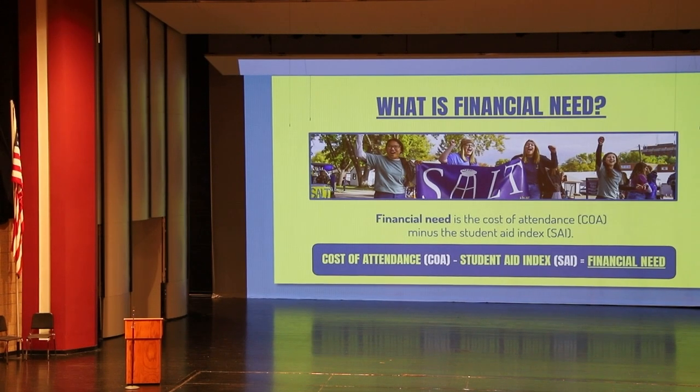For example, let me give you this scenario. Augustana's cost of attendance, this is indirect costs, is just around $60,000. So if you have a SAI of $20,000, in that scenario your student has initial financial need of about $40,000, using those numbers.